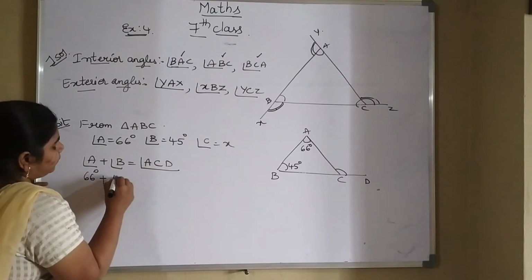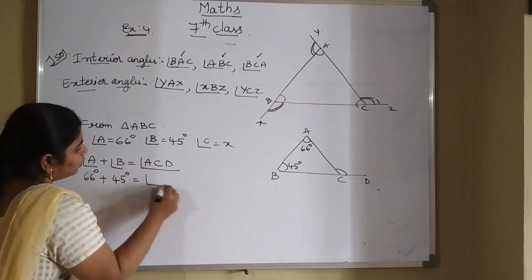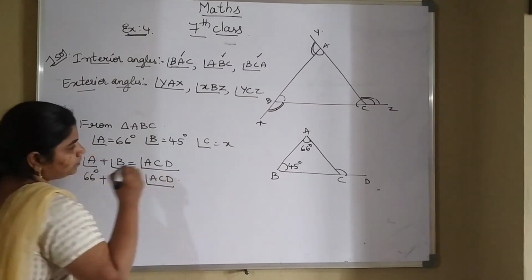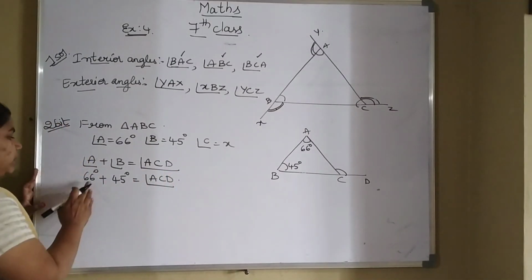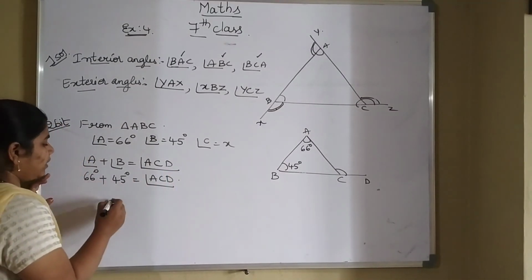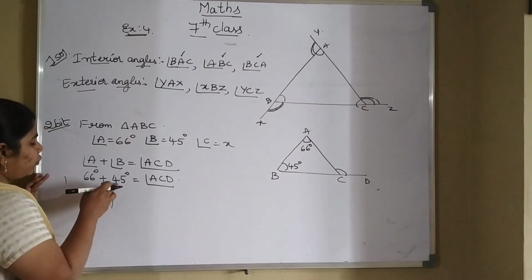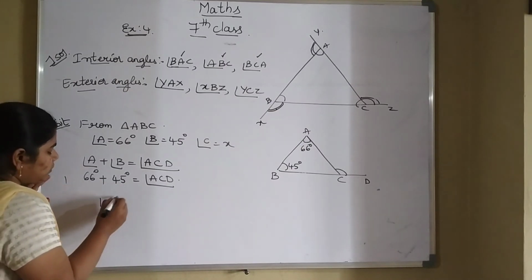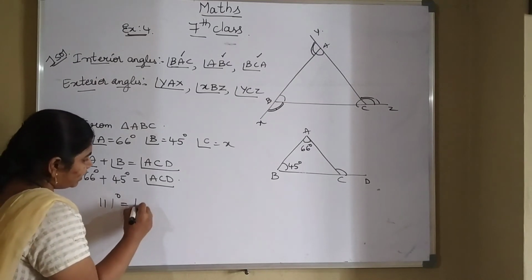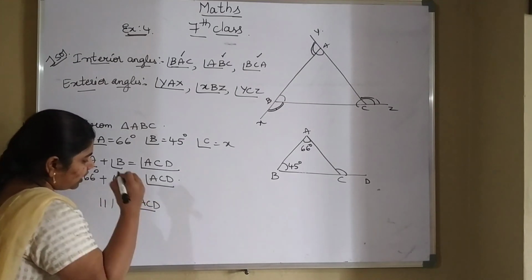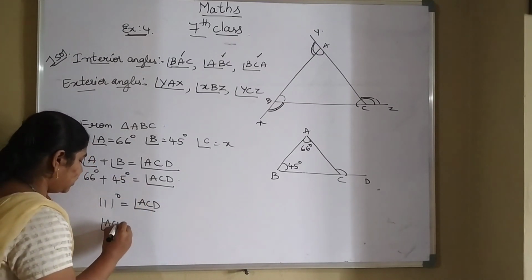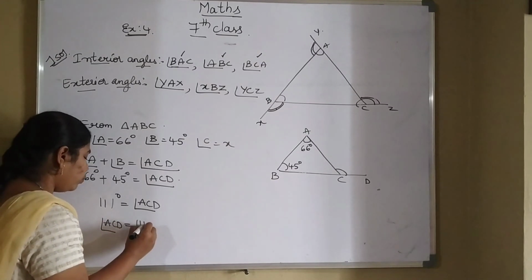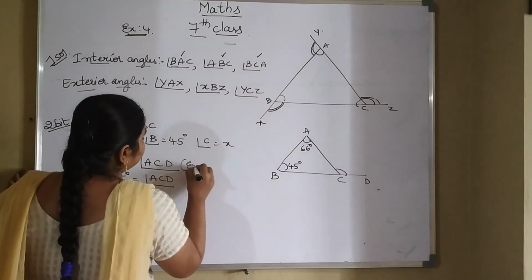Angle B is 45, should be equal to this ACD. Now how much will it be? 5 plus 6 plus 5 will be 11. 6 plus 4 is 10. 10 plus 1 is 11. So it will be 111 degrees. So angle ACD value you got as 111 degrees.